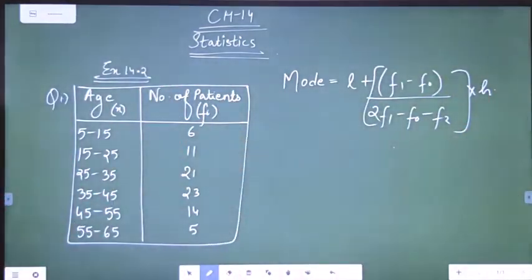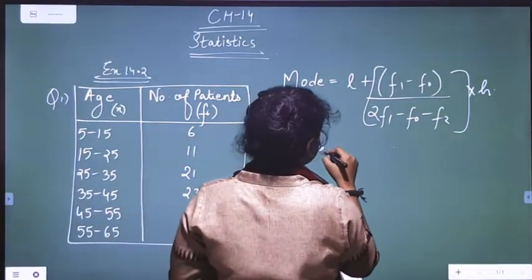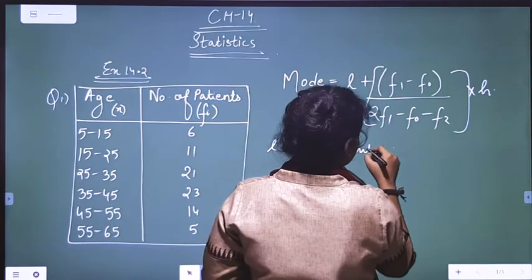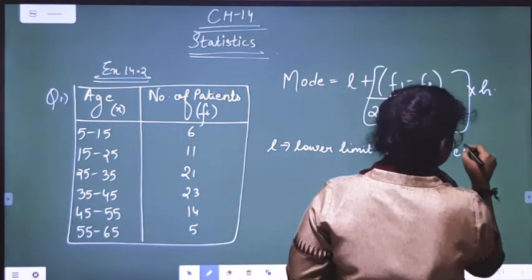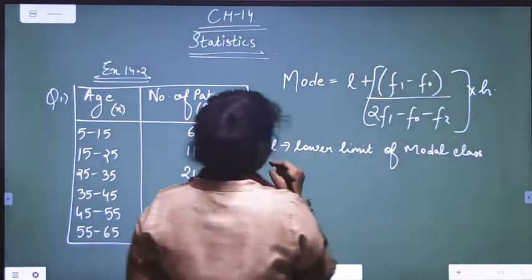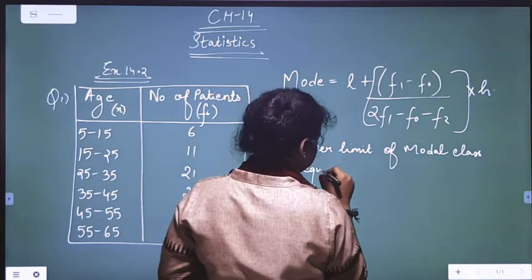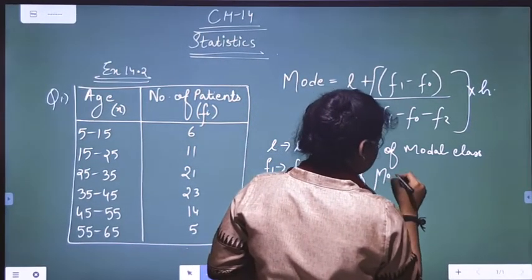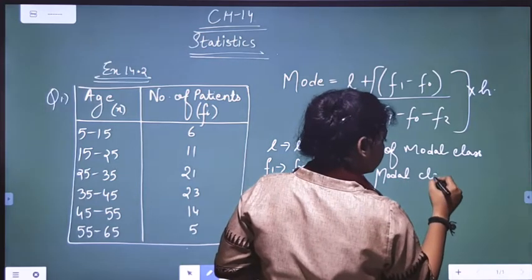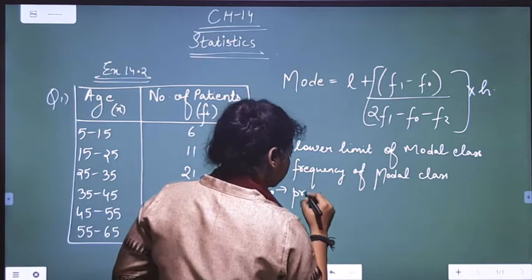What are these values? L is the lower limit of modal class. Then F1 is the frequency of modal class. F0 is the preceding frequency.